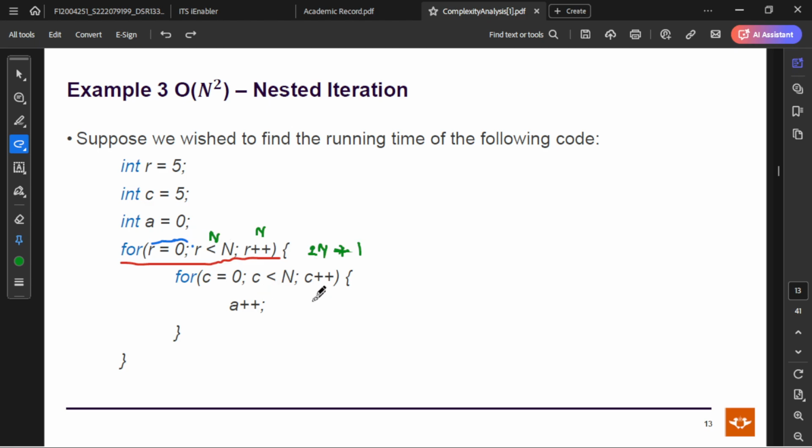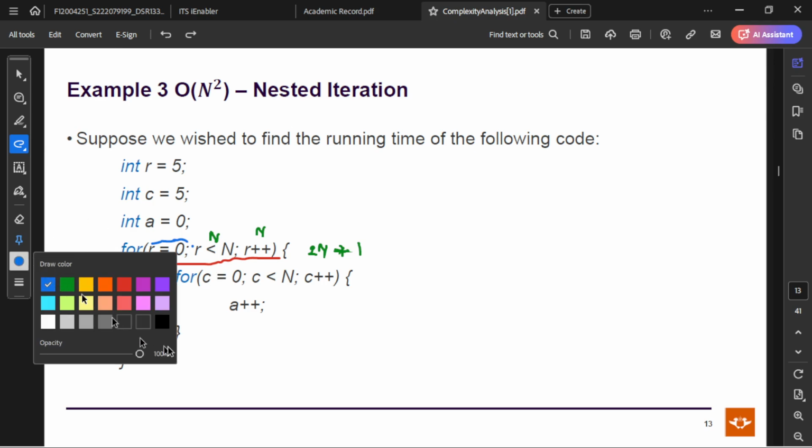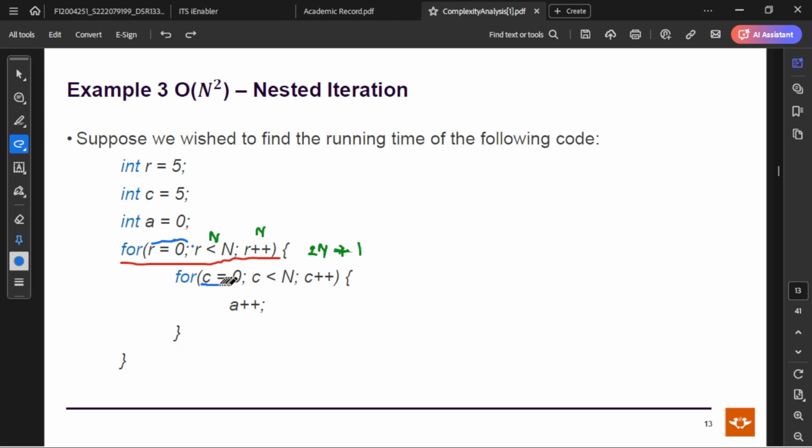That's my point. Now that we're done with that, on this line over here, the same applies. This will execute only once, and this 2 will execute n times.